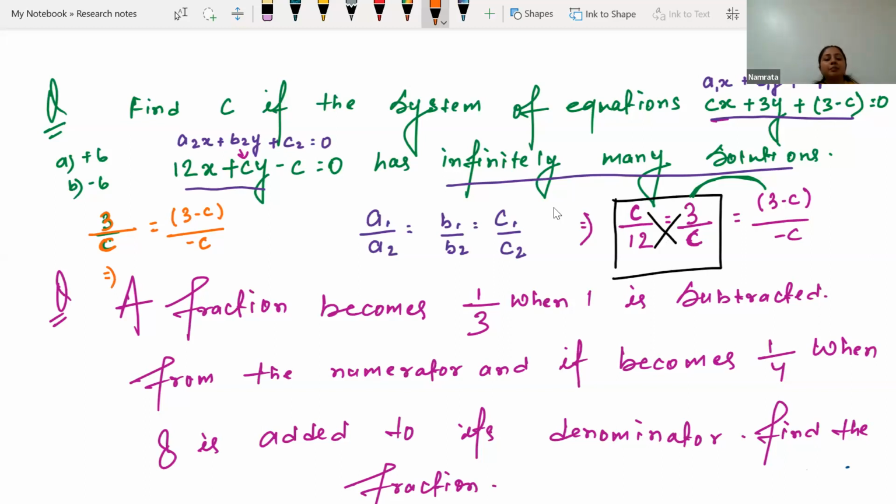Solve it and let me know what you are getting as the value of c.